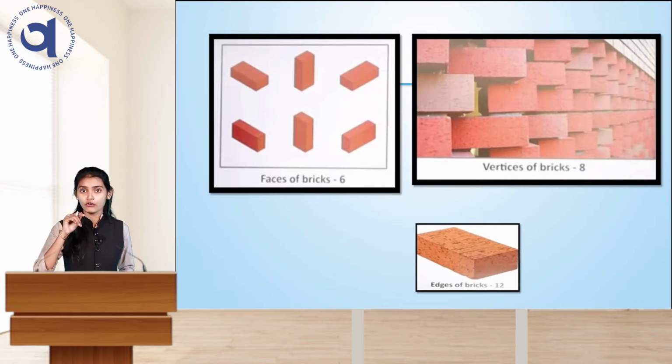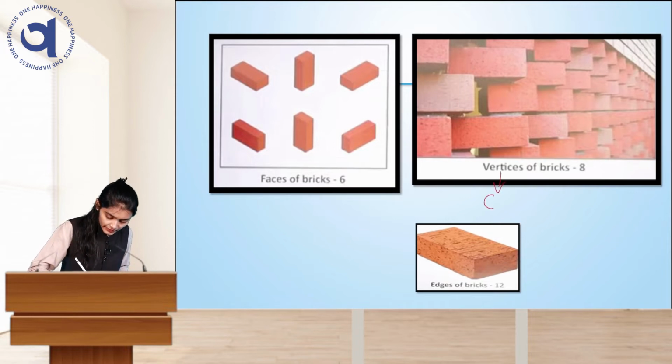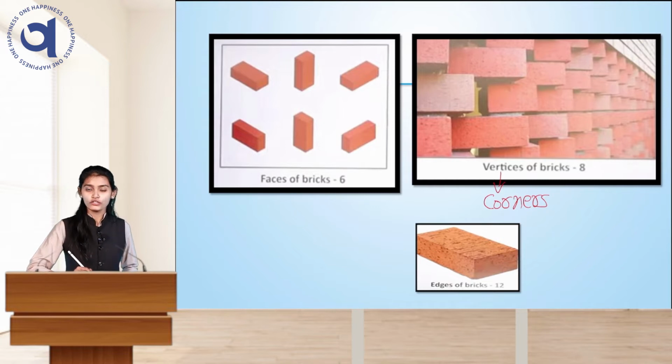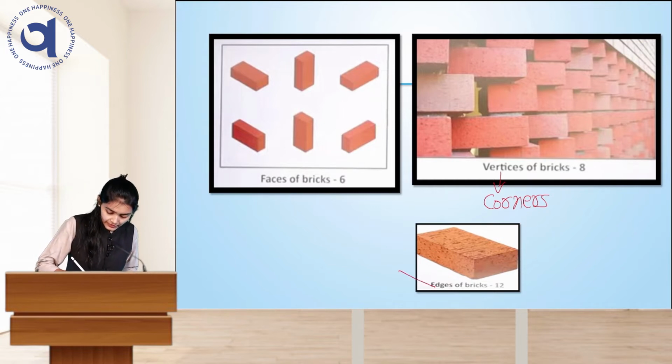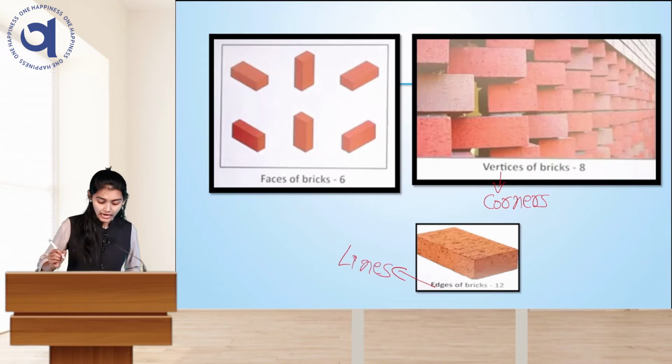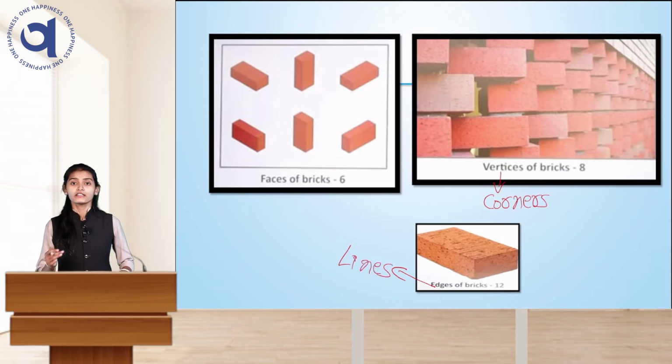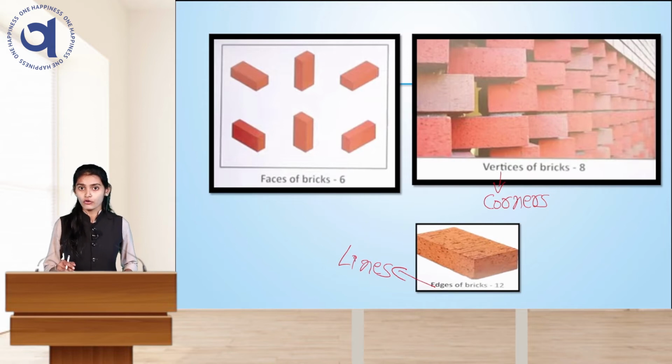Vertices we can say also corners. So I write here vertices means corners when two lines meet each other. That is called corner. And edges means lines.